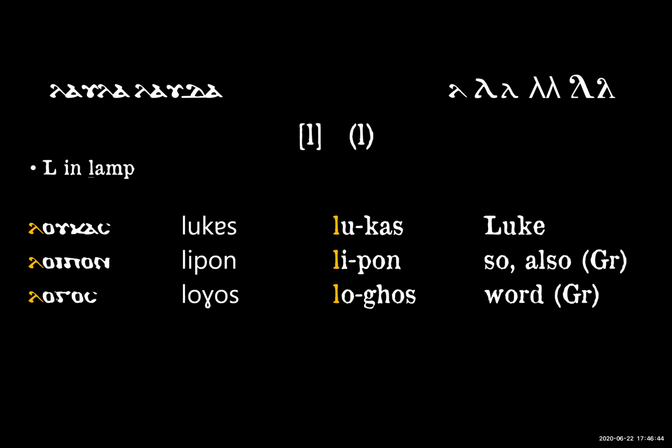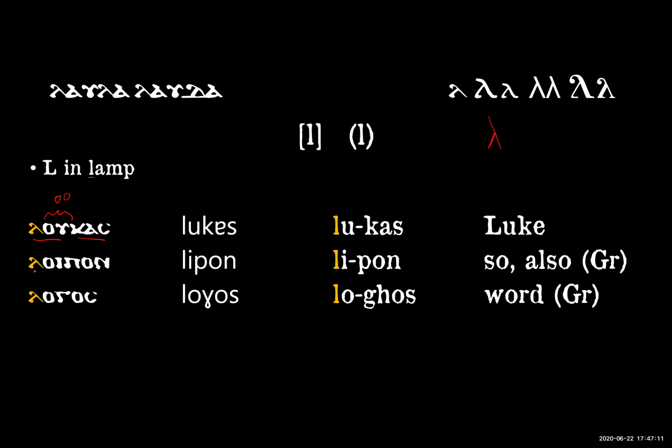The rest of these letters should be simple without much explanation. So this letter, laula, in Greek, it's called lambda. So if you guys are a little familiar with Greek, you should already know that lambda makes the L sound. So here it's Lucas. Remember these two letters together make an U sound. So Lucas.